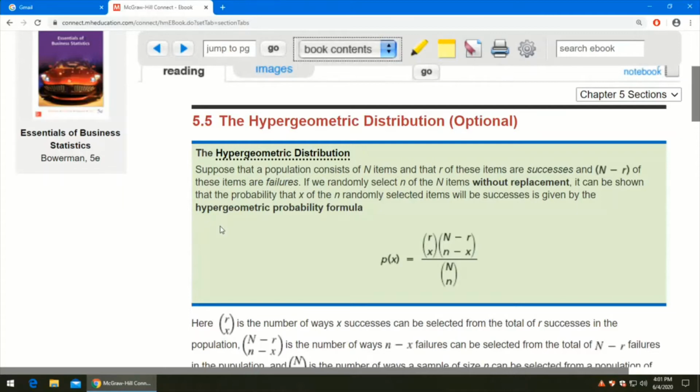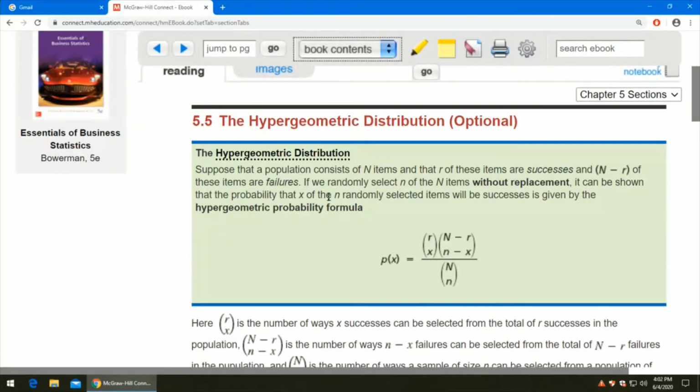N is the number of population items, where R are successes, the potential successes we have, and N minus R of these items are actually failures. If we select n items without replacement, then we have to subtract R from N and x from small n.